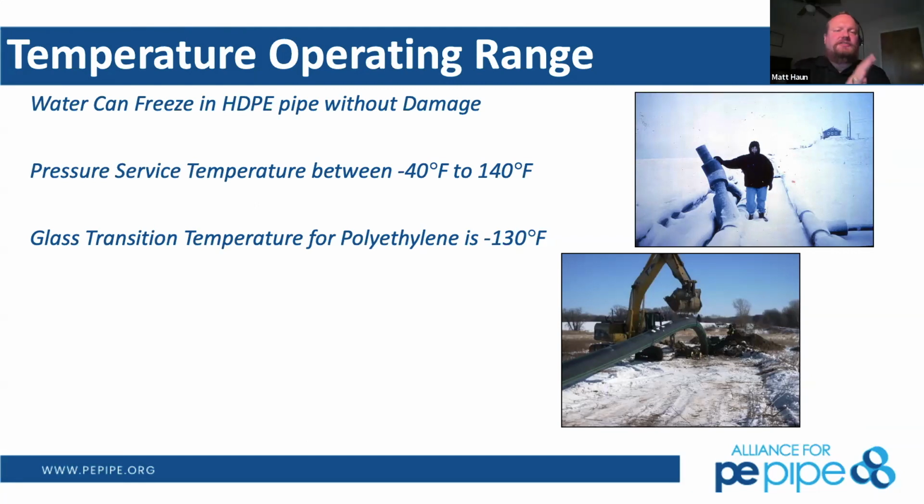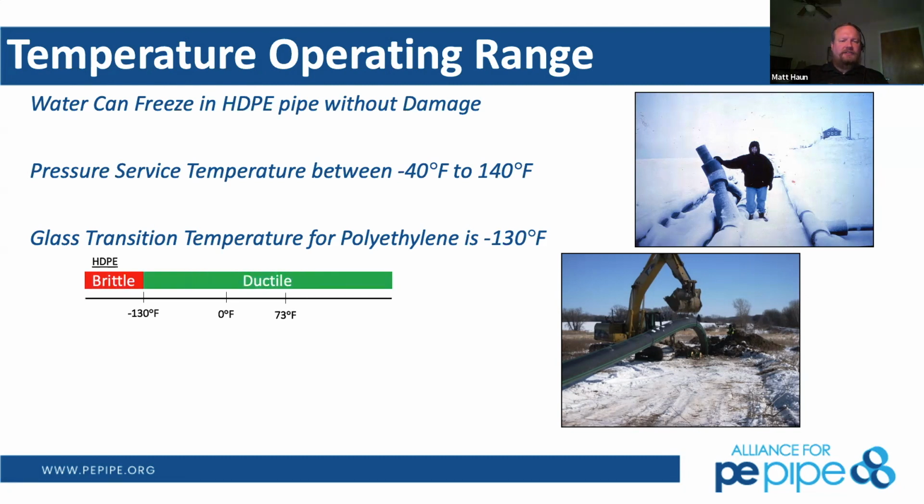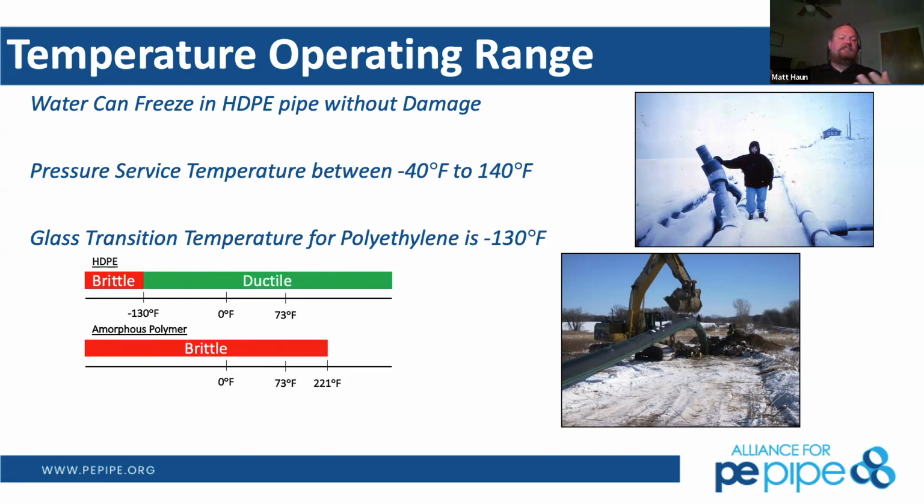Absolutely. So when we talk about our temperature operating range for polyethylene, we're a little less concerned about freezing temperatures than many other piping materials, because water can freeze within HDPE without causing any damage to the product. It is again based on that brittle-ductile temperature.